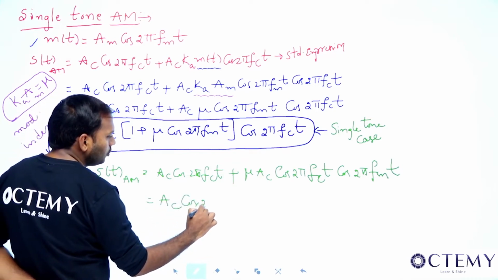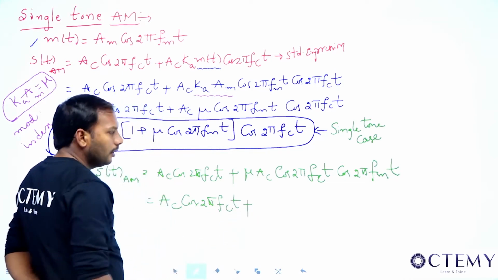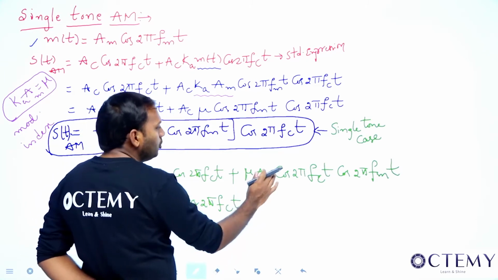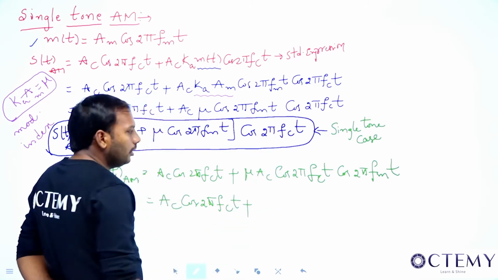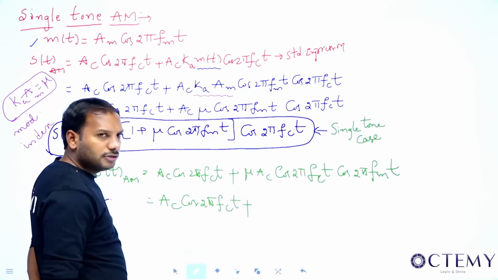The second term is in the form of cos A cos B, so you multiply with 2 and divide with 2. 2 cos A cos B gives cos(A plus B) plus cos(A minus B).